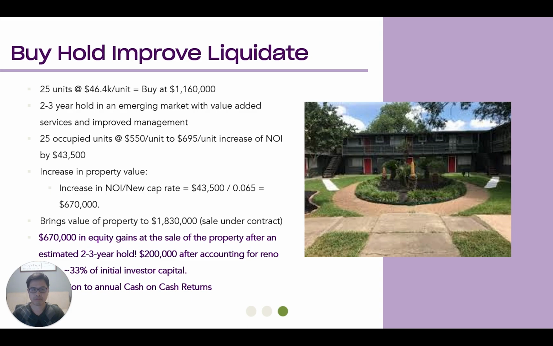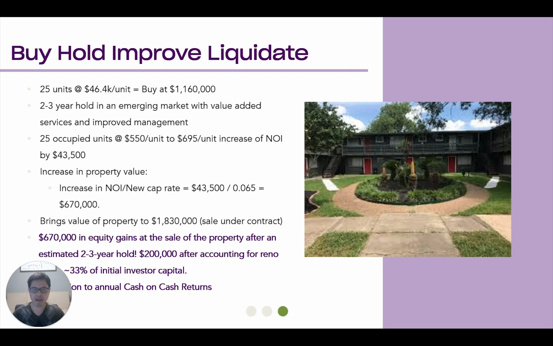The property was projected to perform with a 33% return of investment at the sale. That's without accounting for any yearly cash flow. The project is currently in its third year, and rents have improved from its initial rents of $550 per unit to $695 per unit. This increases the NOI by $43,500.